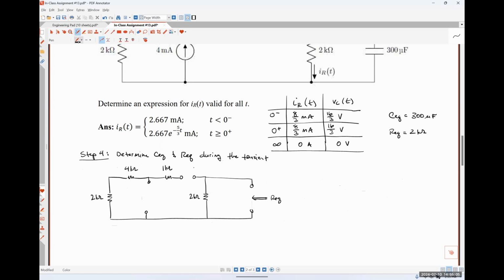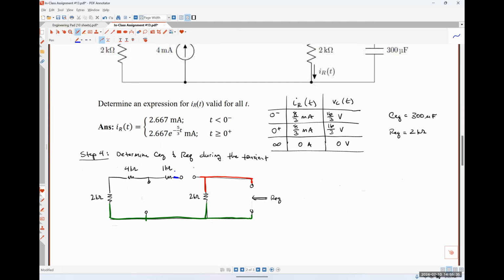So, seen between these terminals, let me make this super obvious, just in case anybody isn't quite following. We have this node on the top. We have this node on the bottom, and then I'm going to put a node over here in blue.